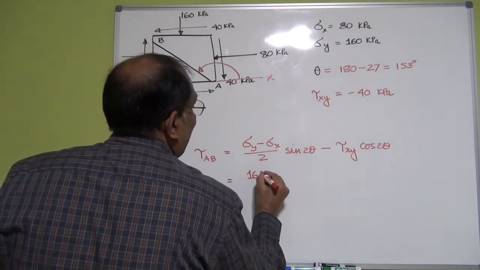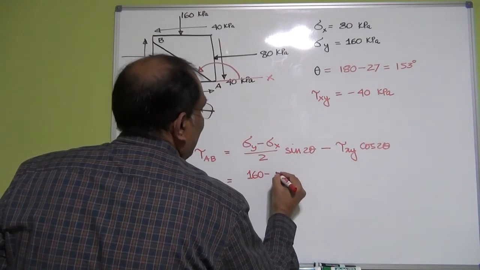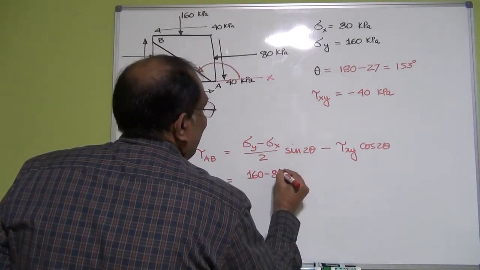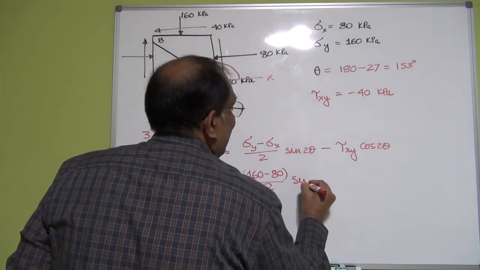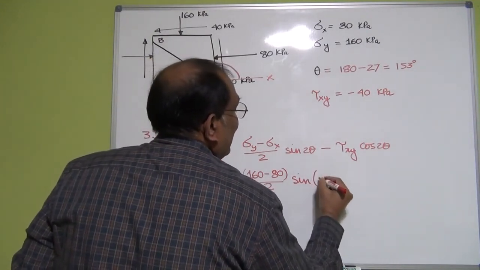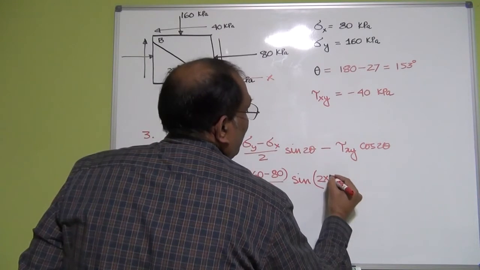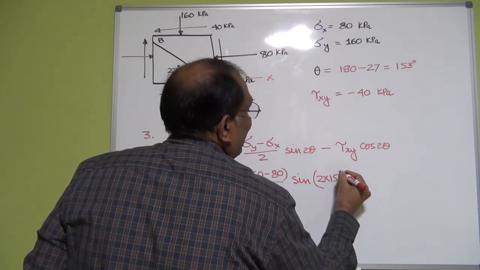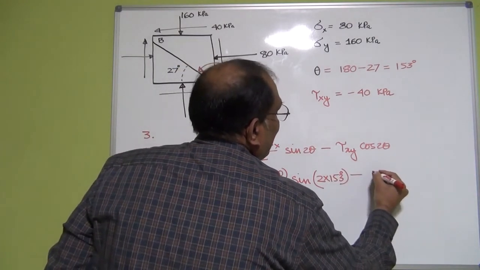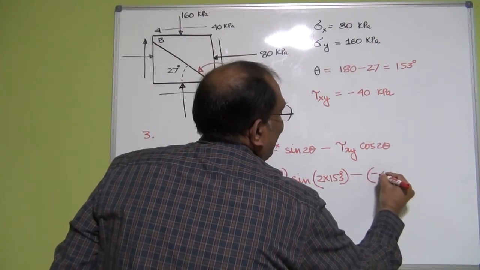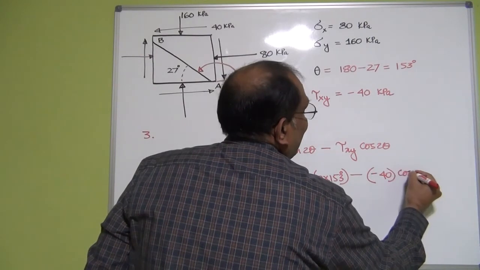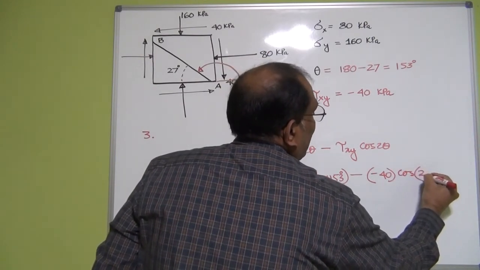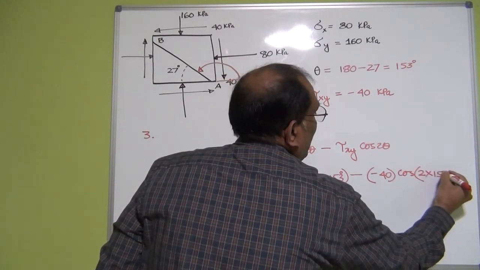So if I plug that value here, then you can see 160 minus 80 divided by 2 sine 2 into 153 minus minus 40 cosine twice theta, meaning 2 into 153.